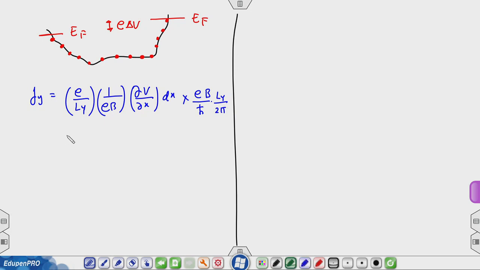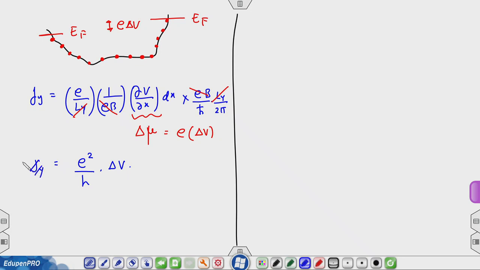So, this is equal to, this Ly cancels, Eb cancels. This integration over the sample gives me delta mu or delta Ef, which is equal to e times the potential difference delta V. So, I end up getting e square over 2 pi h cross, which is h, times delta V, and that is Jy or Iy.